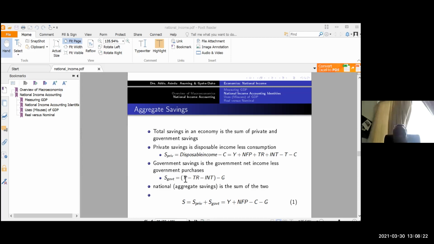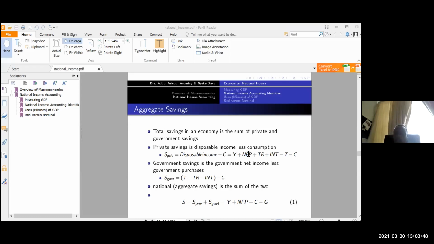And then what else cancels itself? TR is positive here, but it's coming from government, so it cancels itself. The private sector is receiving transfers and government is giving, so that cancels itself. Interest payments, INT, is plus in the private savings equation, but it's minus in the government savings equation. So basically all that cancels out.